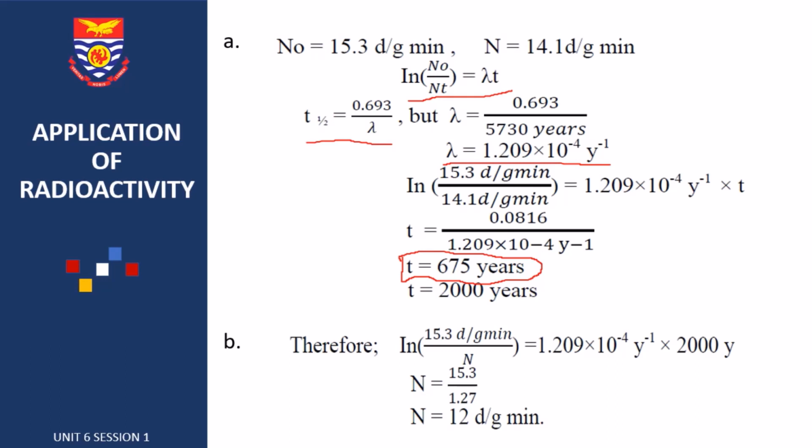We have the initial activity, we have the decay constant, which is the lambda, and now we have been given 2,000 years, which is our time. So we will solve for Nt, that is the final activity. When we substitute the values and we simplify, we are going to get Nt to be 12 decays per gram per minute.